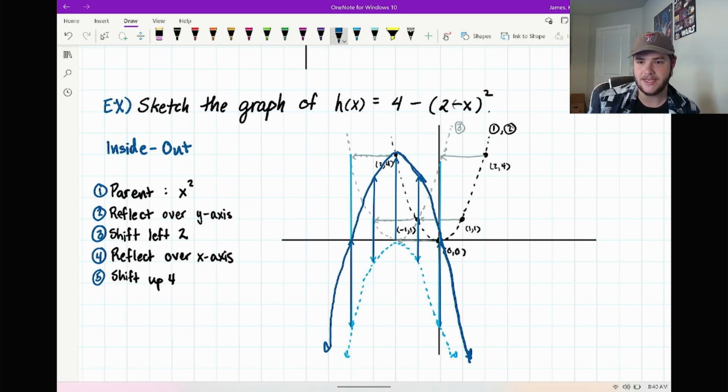Then the next step, step 3, is where I move to this gray line here by shifting to the left 2. From there, I need to reflect over the x-axis, which is where this light blue line comes in. So from the gray line, I reflect over the x-axis and end up with the light blue line, and then I need to shift up 4 units to the final graph, which is going to be the dark blue line.